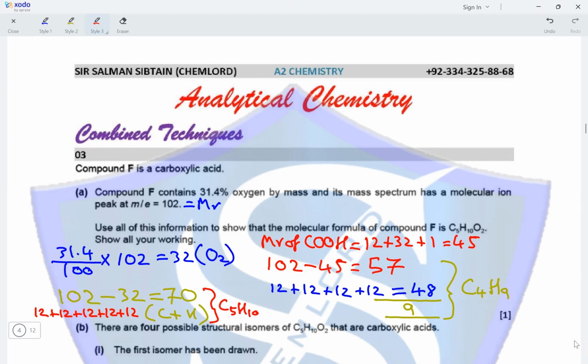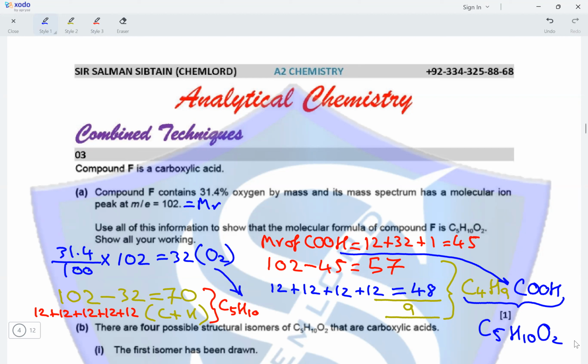So C5H10, and we get O2 this way, and in the other case we get C4H9COOH, which also comes to C5H10 and O2. So in both ways we ended up with the molecular formula of C5H10O2.